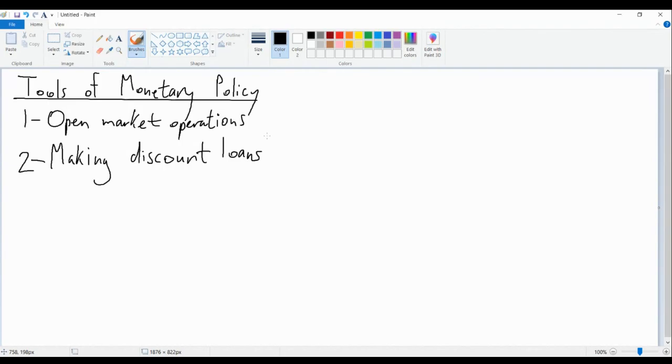Notice that both of these involve creating new monetary base or new reserves. At the same time, there is a little difference, and I want to pause and talk about this even though we haven't finished making our list, because it's something that I notice comes up in the text a lot.